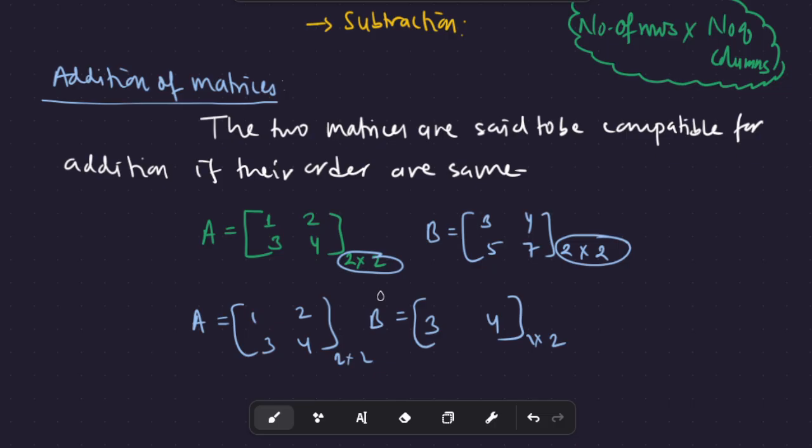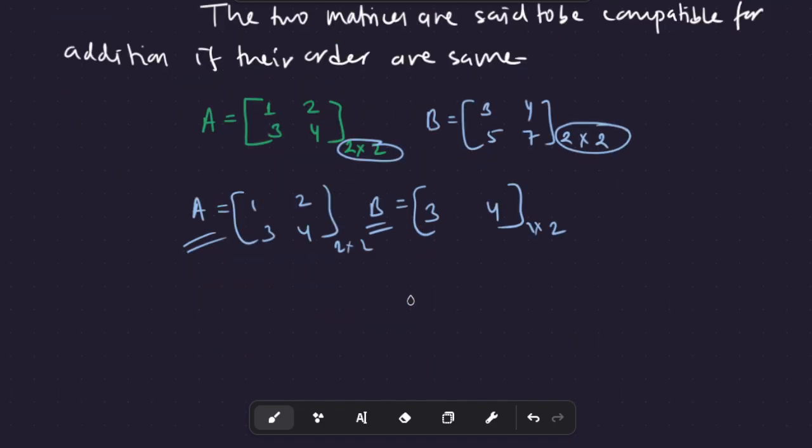It means these two matrices A and B cannot be added. They are not compatible for addition. Are you getting me or not? Yes, sir.